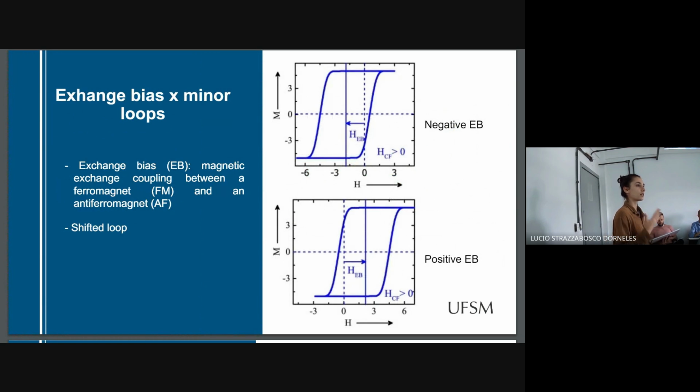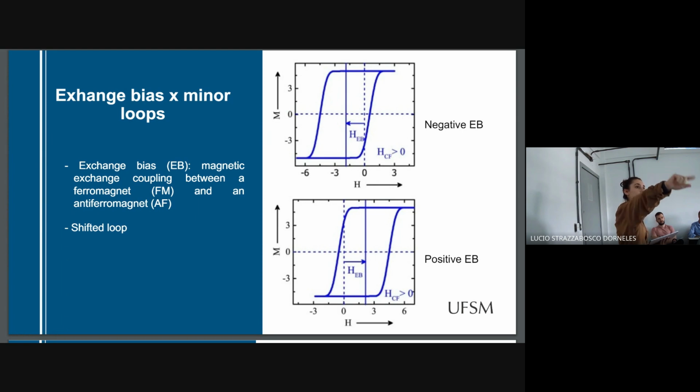Exchange bias is a relation that we have when we have a material composed of a ferromagnet and also an antiferromagnet. So you might have your graphic showing a minor loop or an exchange bias, but visually it might be the same thing because both of them show the graphic a little shifted.